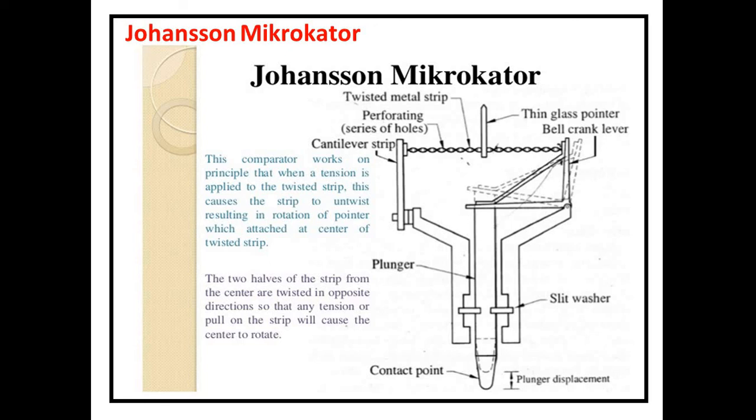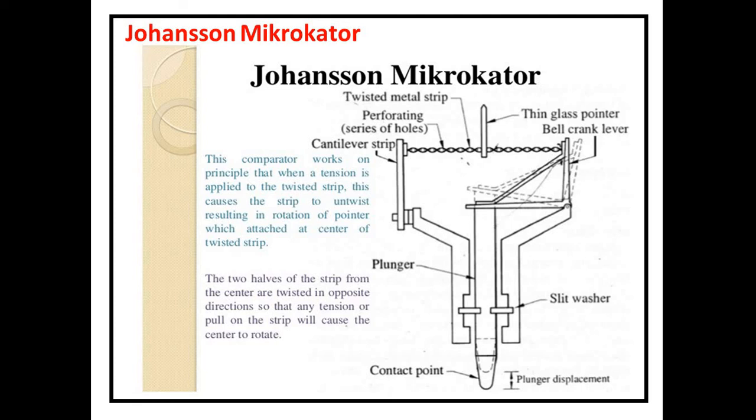Now you can see the comparator. This comparator consists of a twisted thin metal strip. At the center of this twisted strip there is a very light pointer, made of thin glass.